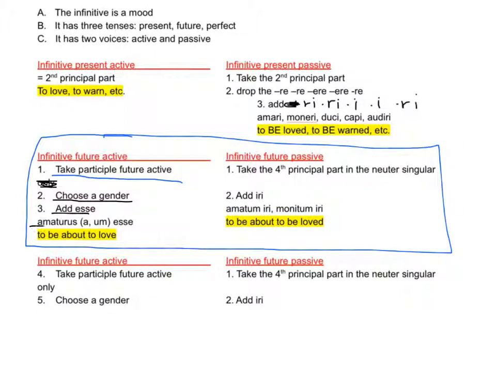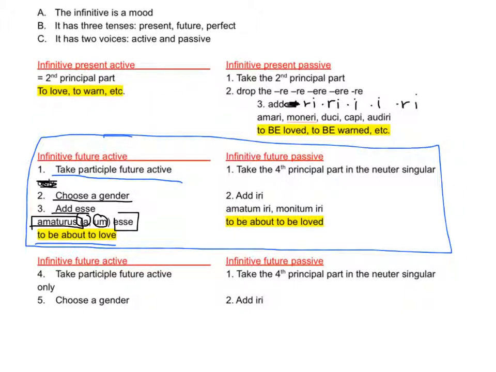So for example, you take amaturus, that's the masculine choice of gender, or amatura or amaturum, only one of those three. Then you put a space, and then you add the word esse, and now you have the infinitive future active. You translate that as to be about to love. It's the infinitive, so you have to have the to, and in this case, amaturus esse would be to be about to love.